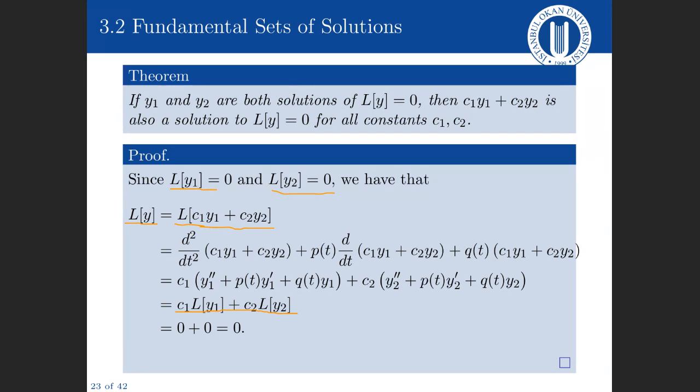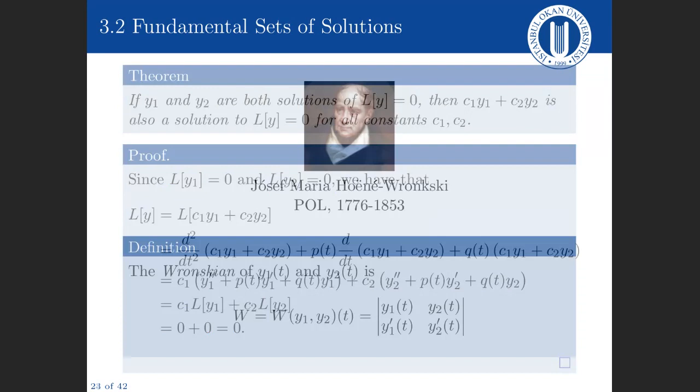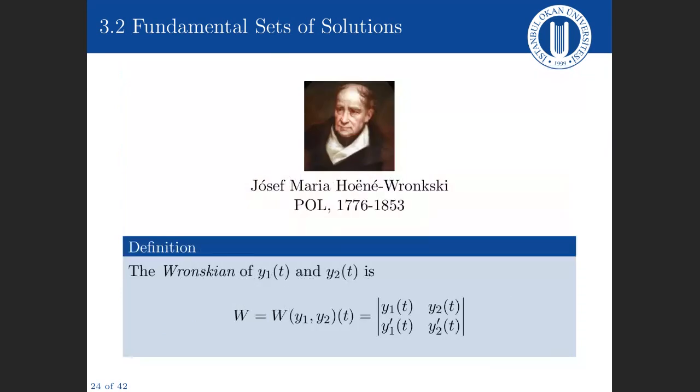This is why I'm using the capital L, because it's linear. But L of y1 and L of y2 are both 0, so this is just 0 plus 0, or 0. So here's the idea: we're going to find two solutions, and then we're going to take a linear combination of them to get the general solution.